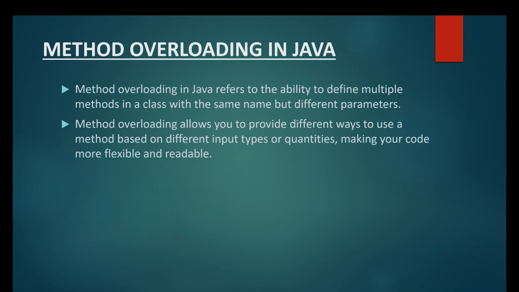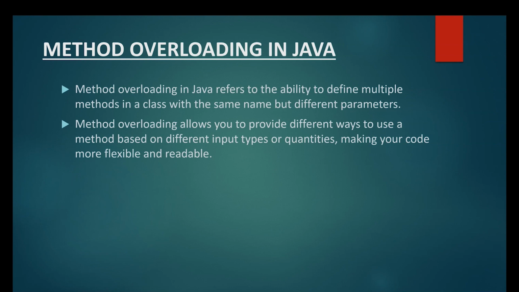Let us say you got a requirement to compute the addition of three numbers. What are we going to do? You can overload this method m1. You can add three parameters there, that is int a, int b, and int c, and in the return statement you can return a plus b plus c. That's what this second point means.